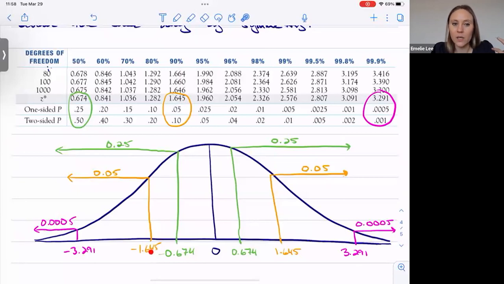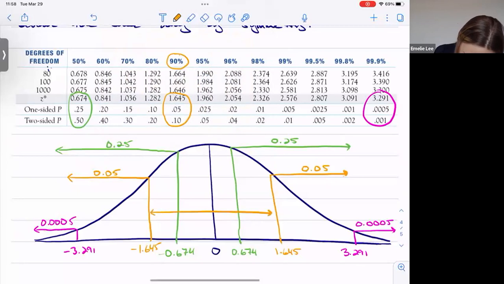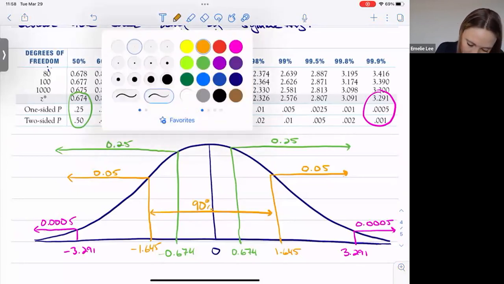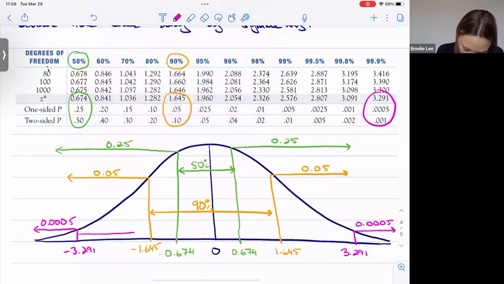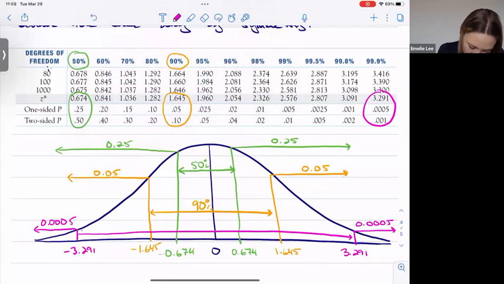So from here to here, I have a 90% confidence interval. Between 0.6745, that's if I want a 50% confidence interval. You'll never do that. Why would you only want to be 50% confident? I have no clue. And then between these two values, this is why we have a 99.9% confidence interval.